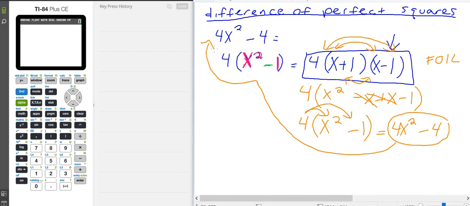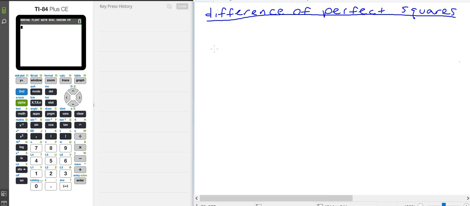Let's try another example. Let's say we have 36x squared minus 100. The first thing you always want to do before you use the method of the difference of two perfect squares, you want to see: is there a GCF? Can we factor out a GCF before we do anything? So let's use our calculator to see if there's a GCF between 36 and 100.